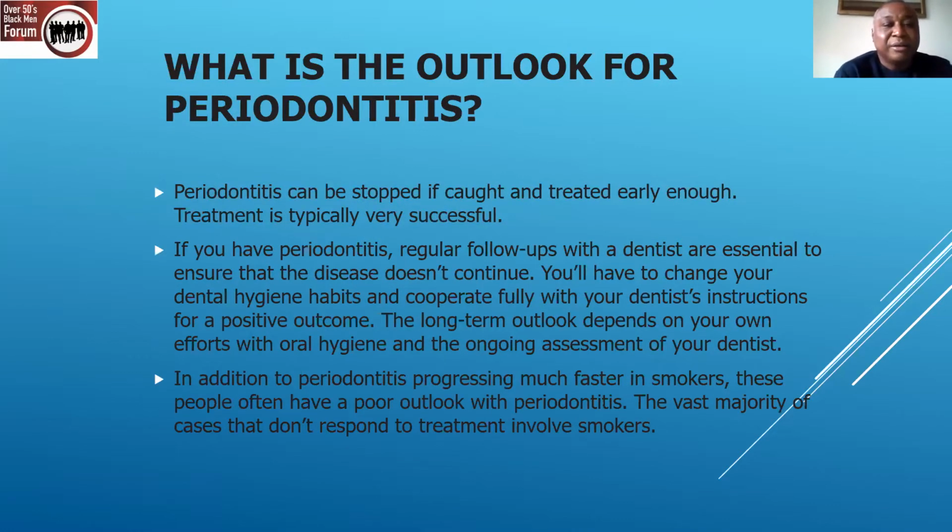The key thing, like I said, is that if it's caught early, you get the deposit early and remove it, then the long-term prognosis is good. The problem is, if we leave it there and it festers, then the more tissue that's damaged, the more difficult it is to clean.